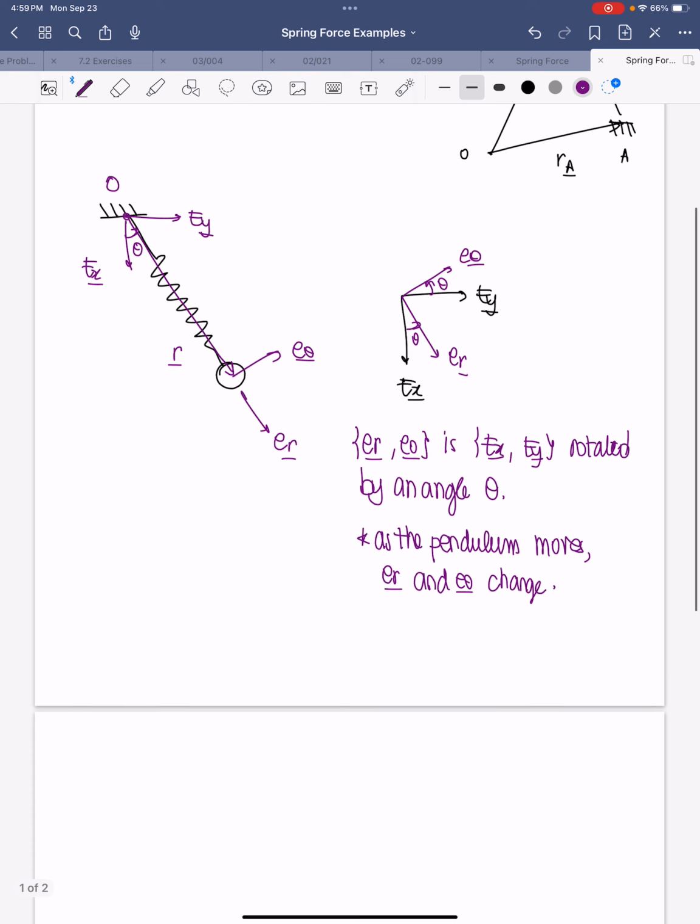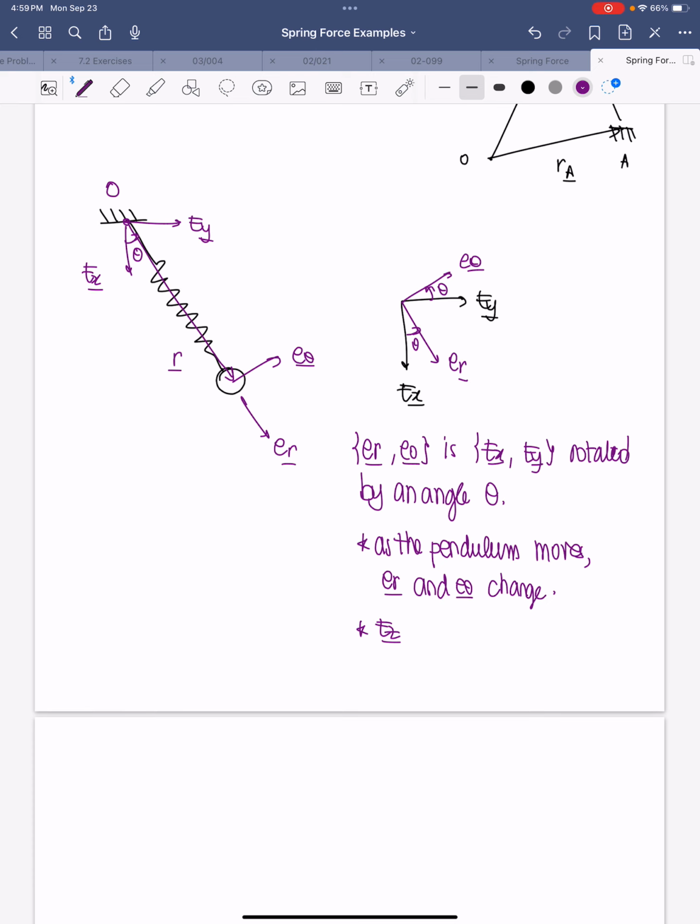Notice that E_z does not change. E_z, which is E_r cross E_theta, which is E_x crossed with E_y, does not change.